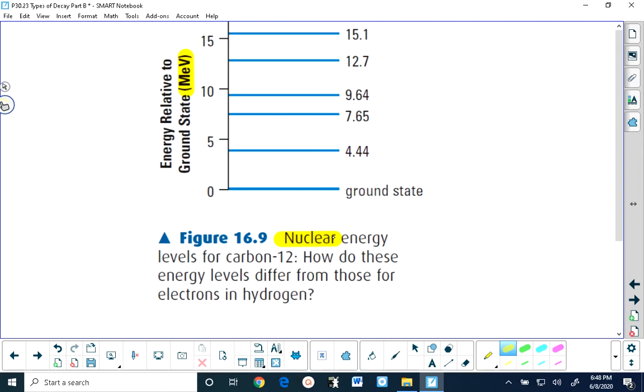It's still balanced in terms of conservation of energy by emitting a photon, but the photon has to have a lot more energy than a visible photon or an infrared photon or an ultraviolet photon. And as a result, the photon ends up being categorized into the gamma region of the electromagnetic spectrum.